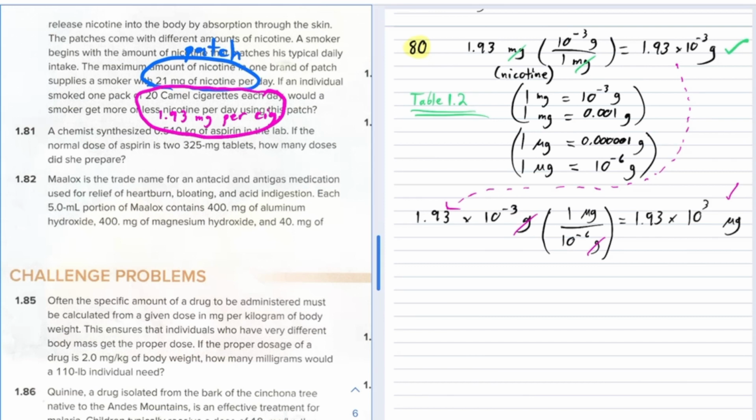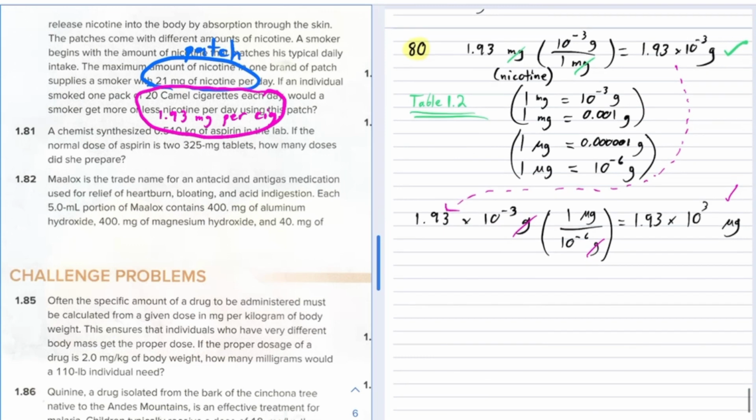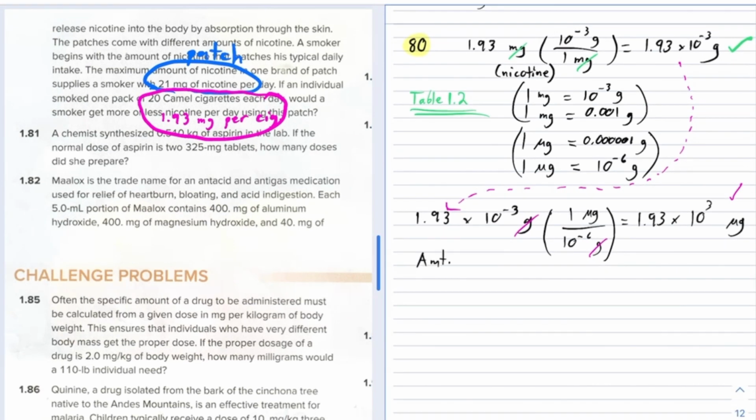Okay, so if you want to know the total amount of nicotine in a pack, you take this and you multiply it by 20. So let's do that. Here, the amount of nicotine in a pack, we know that one cigarette is 1.93 milligrams of nicotine.